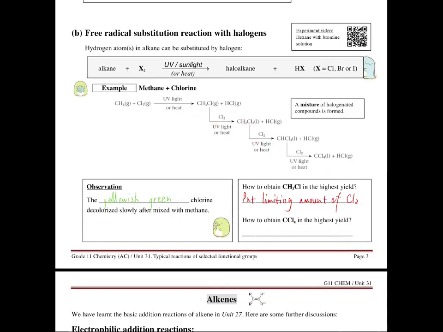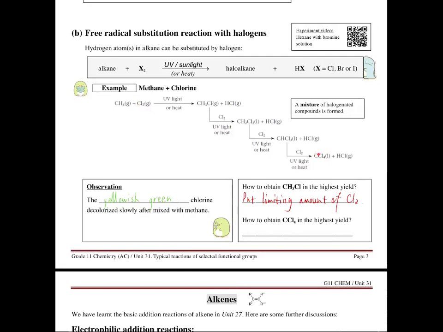But if we want the reaction to proceed to the last step to obtain the highest yield for CCl4, what can we do? Which reactant should we put a limited amount of? Which reactant should we put in excess? Remember the two reactants we have here are methane and chlorine.